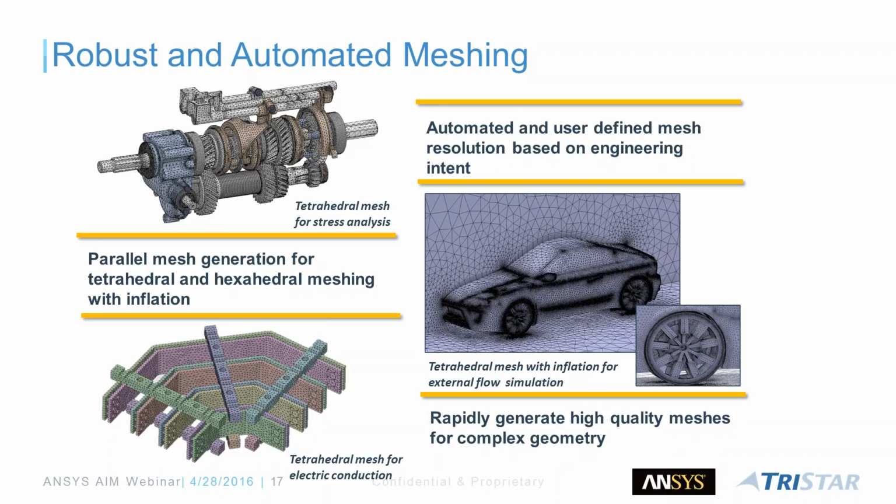So you need to account for the boundary layers, right, when you do a fluid flow simulation. And you have specific mesh control options, or you have global settings. You can have a fine mesh, coarse mesh, etc.